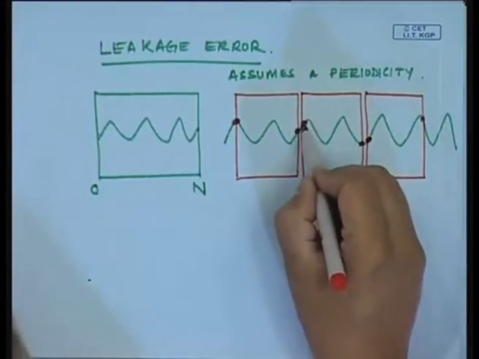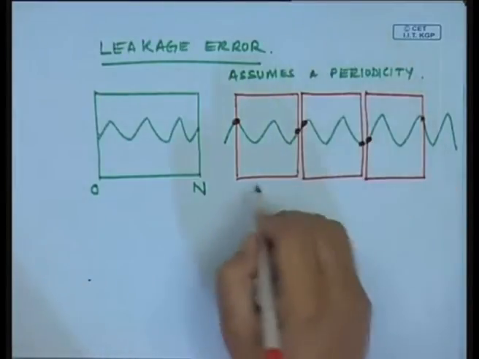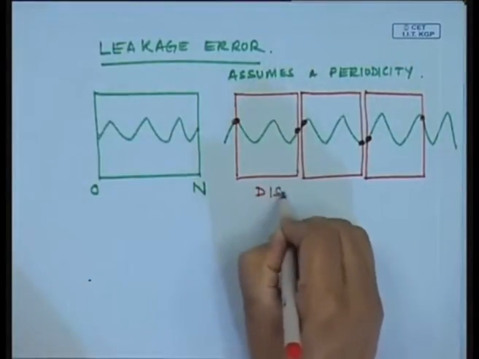For example, this has started here, this has started here. So, this creates an amplitude discontinuity.